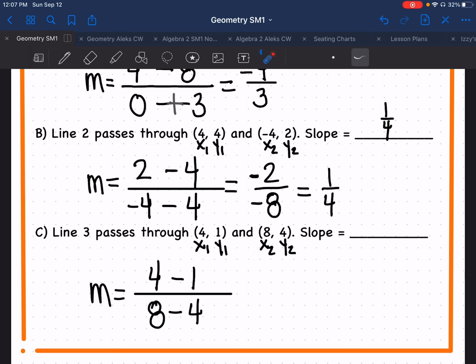I would like to show you one other pattern that the slope has. Take a look right here. This is this ordered pair. I've taken the ordered pair and I've made it into a fraction. I just have to remember that this one is the numerator and this one is the denominator. I always take this point and write it like this as a fraction.